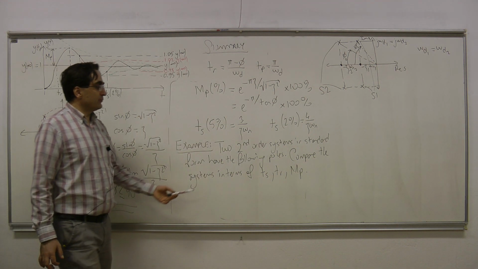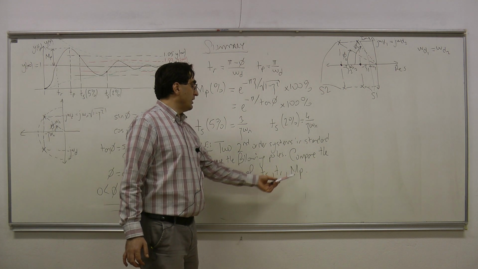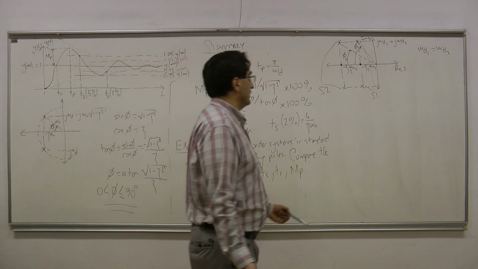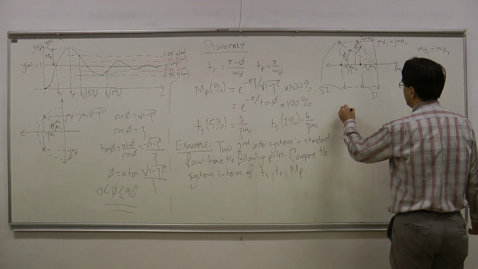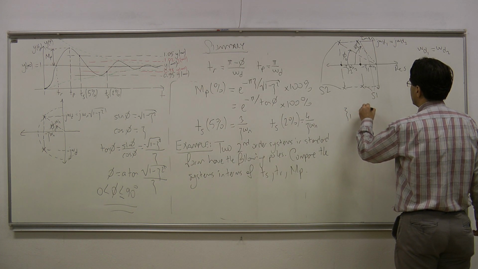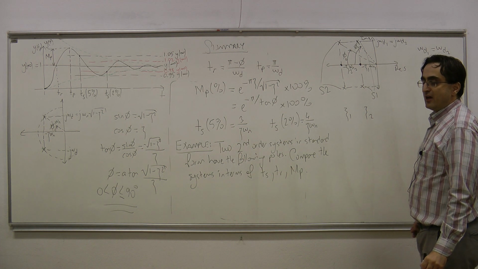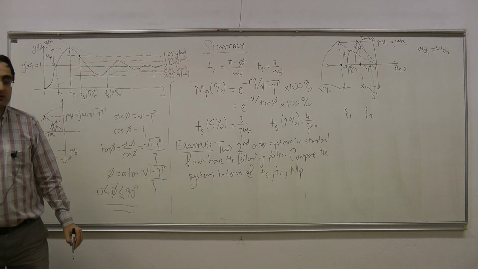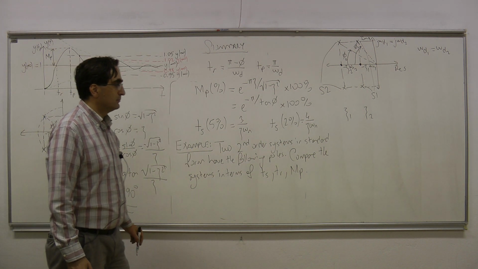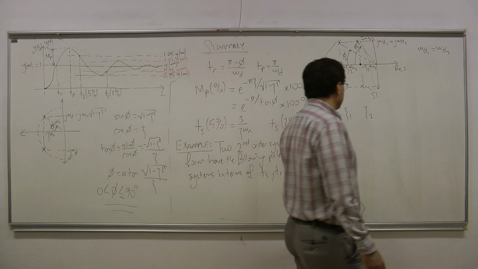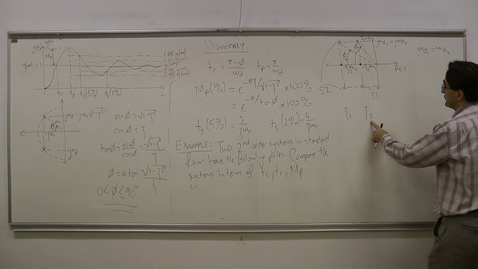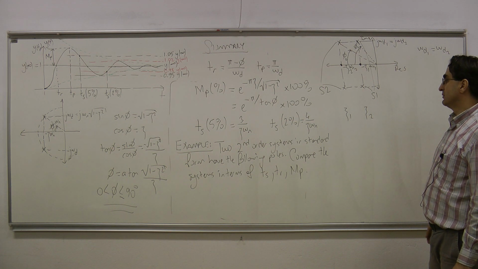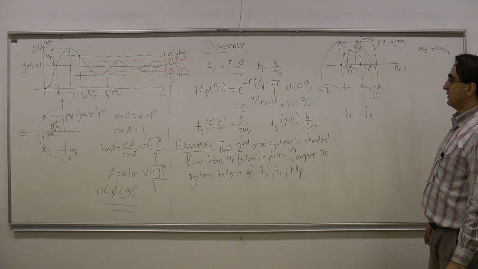Now, before the performance measures, Ts, Tr, and overshoot, I want to look at the basic parameters here. Damping ratio. These two systems both have a damping ratio, and these damping ratios are not the same. What is the relationship between the damping ratios of the first system and the second system? And how can you understand the relationship between these?